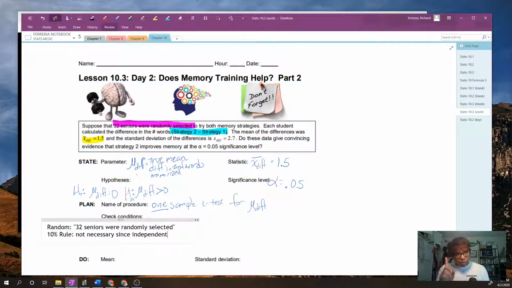Now remember, this is a 1-sample t-test, so there is only 1 sample that we need to worry about. How many are in our sample? 32. So under the central limit theorem, the sampling distribution will be approximately normal. There we go. N is equal to 32, which is greater than 30. Therefore, the CLT will hold true. Let's move on to the do section.